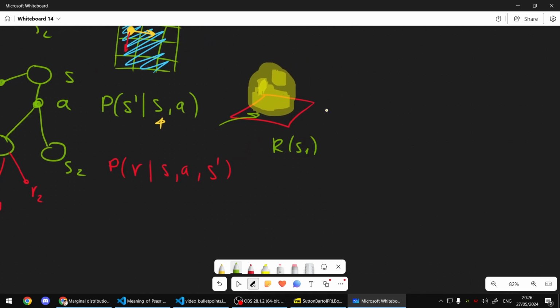The deterministic case would be, you hopped onto this tile, and in this particular sequence of events you got 100 gold.